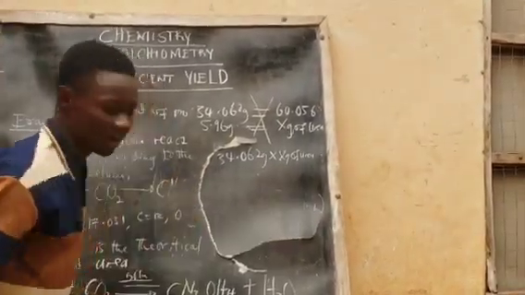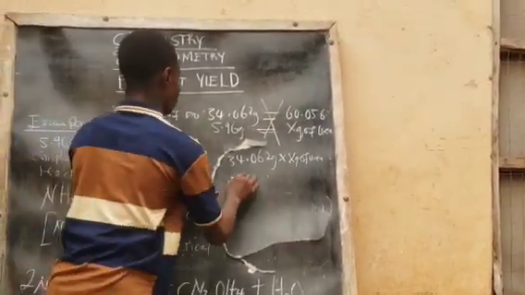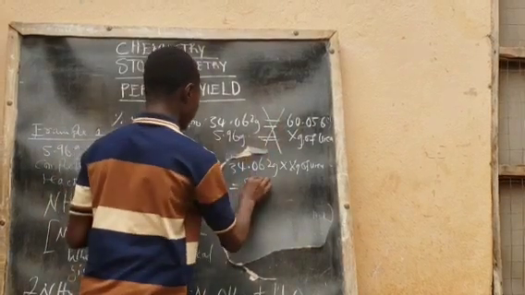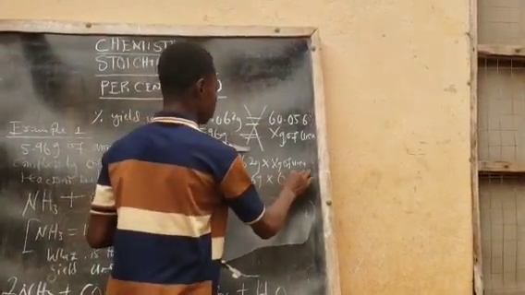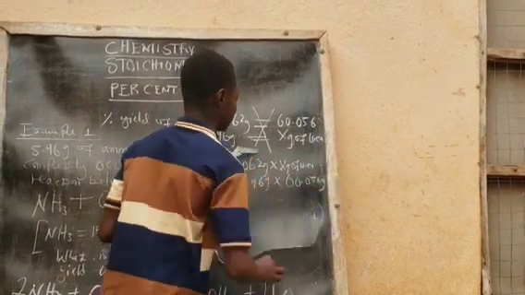X gram of urea is equal to this multiplied by this: 5.96 gram multiplied by 60.056 gram.